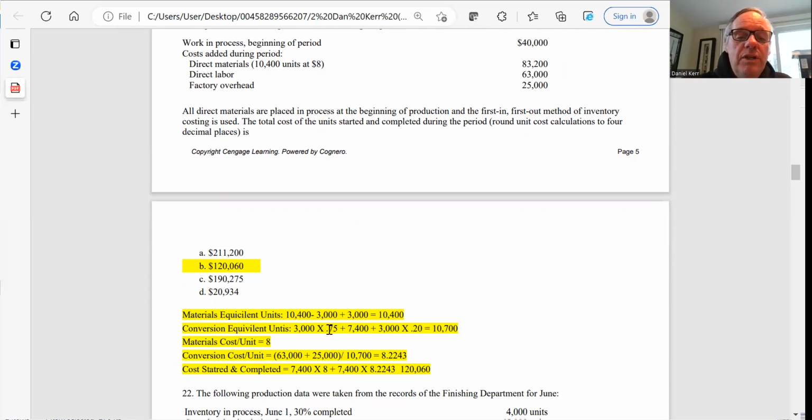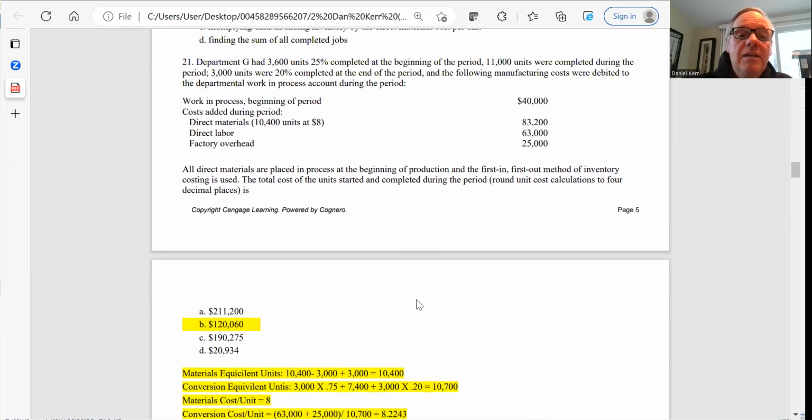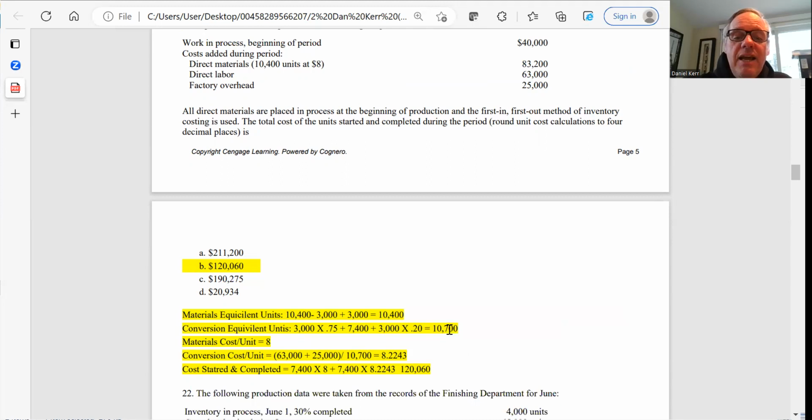So those would be the work that would be done to those, plus the 7,400 that were started and completed during the period. Plus, now you got the ending inventory of 3,000 units, which were 20% complete. So you end up with 10,700 units for conversion units. So it's a little mistake there. That shouldn't have been 3,000. That should have been 3,600.